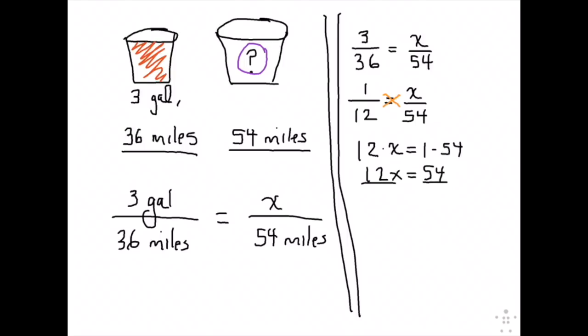I could divide both sides by 12, and x would equal, now 12 goes into 54 4 times, 4 times 12 is 48, and another 6. So that's 4 and 6/12, and clearly 6/12 is a half.